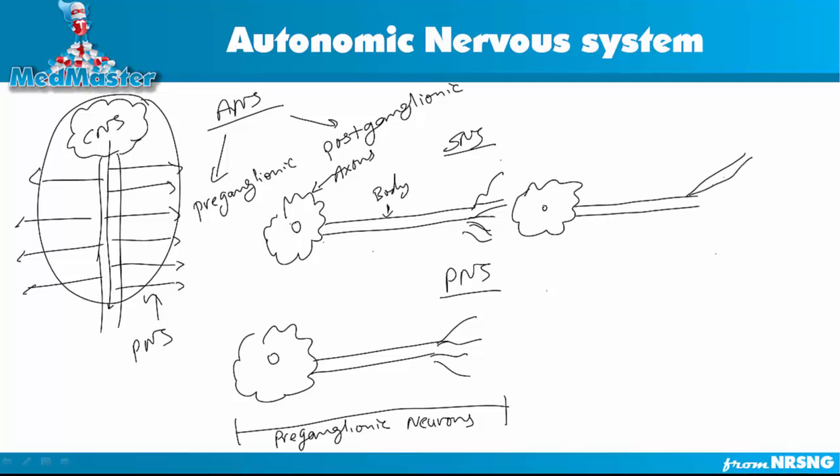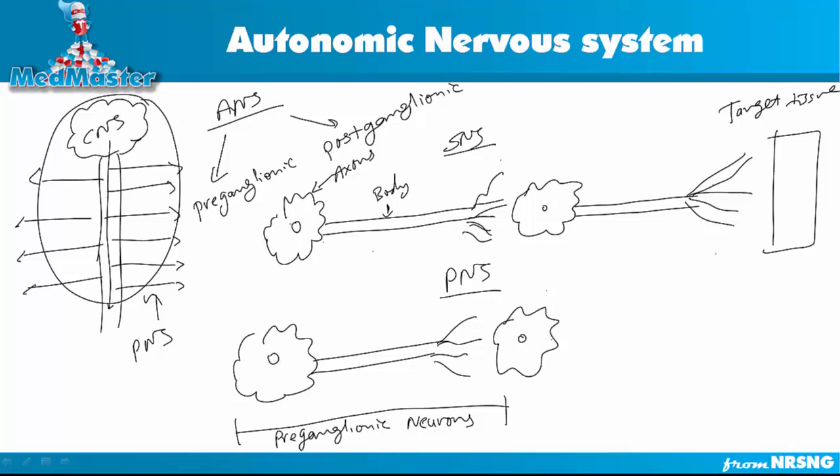And this is dendrites. And here is the target tissue. And here's a small... This is dendrites. And this is the target tissue.